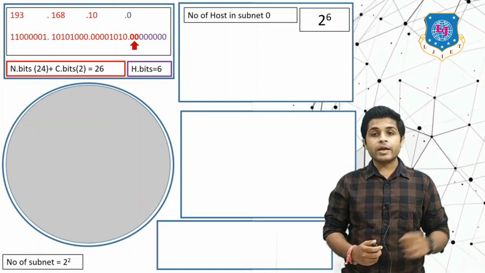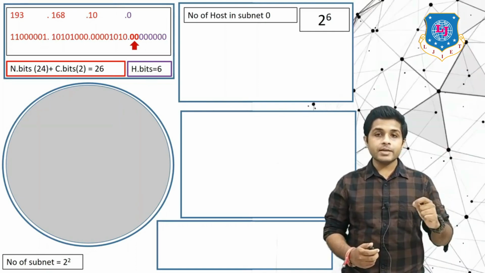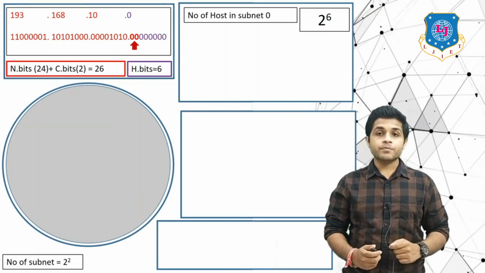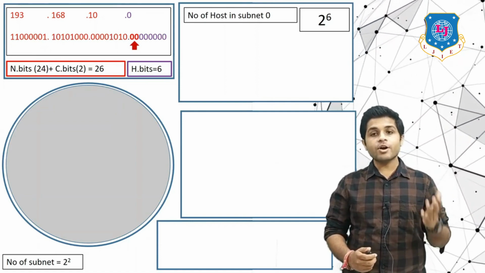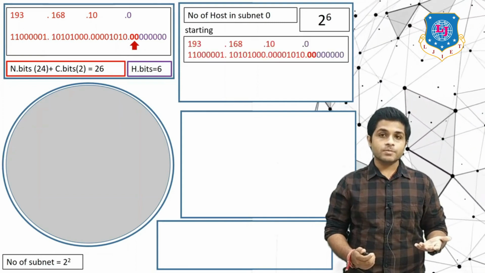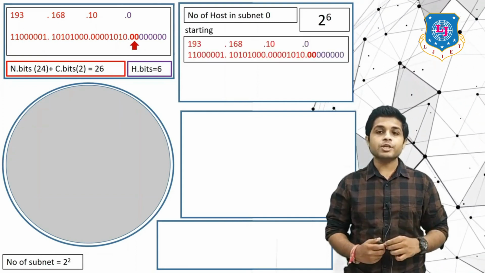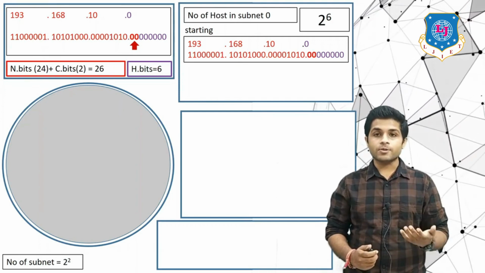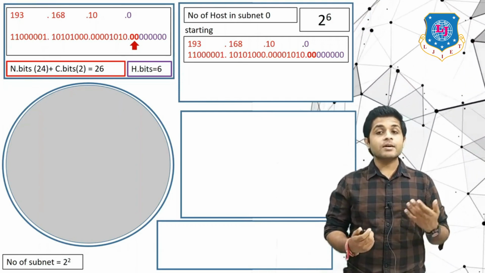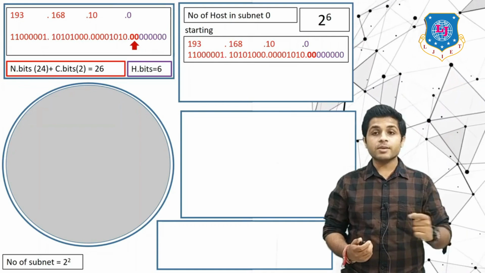Now I want to find the first IP address in subnet 0. To find it, we will set all the host bits to 0. So let's set all the host bits to 0. You will get 193.168.10.0. I want to find the last IP address of subnet 0.